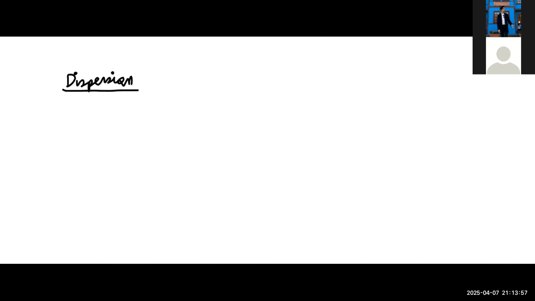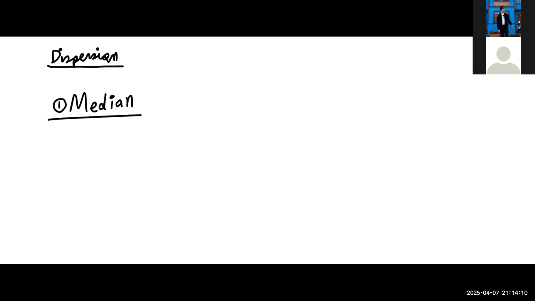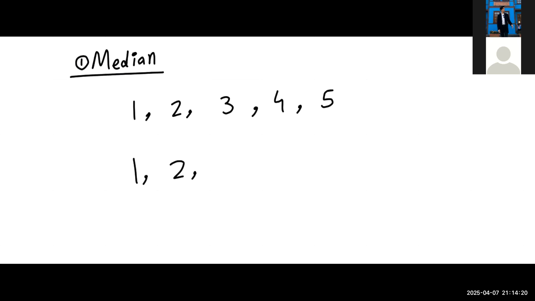There are a few things. The first thing is called the median of your data. The median of your data is basically the central value, okay? So the median has two cases, okay? The first case is, let me show you both of them by example. Let's say this is one of your data sets, and this is your other data set.